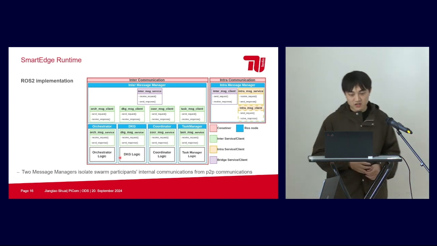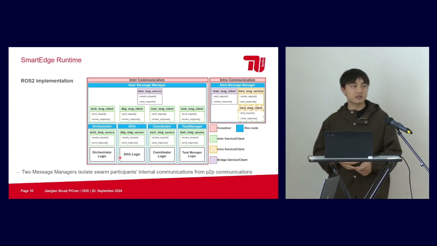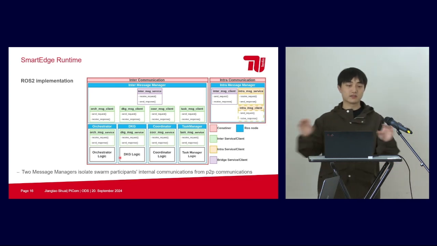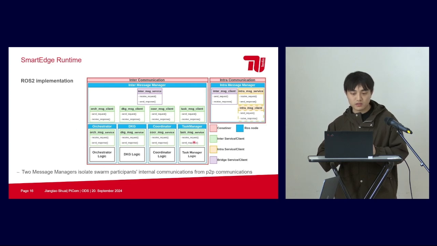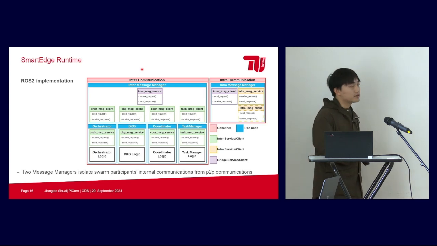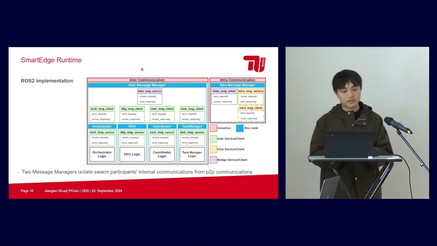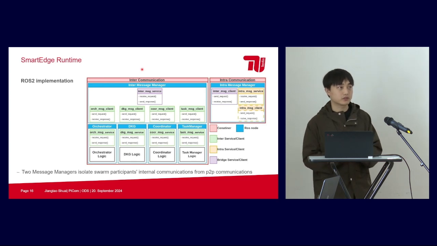In this diagram, you can see we use Docker containers to run different components and isolate them. The left side, where all the components run in one Docker container, we call the intercommunication Docker container. This is to isolate the internal communication from the P2P communications.